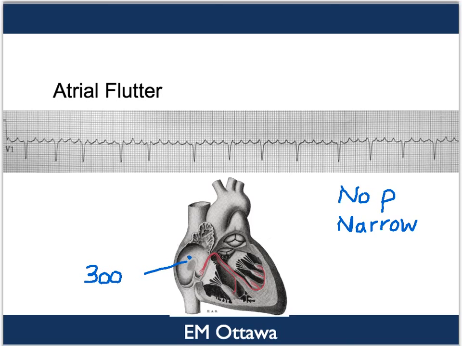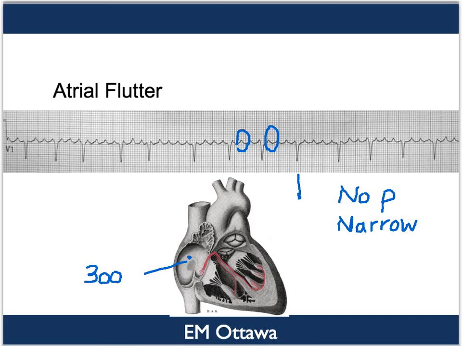You can see on this rhythm strip, the baseline has this wavering sawtooth pattern. And each sawtooth wave means one impulse trying to be generated from the atrium.